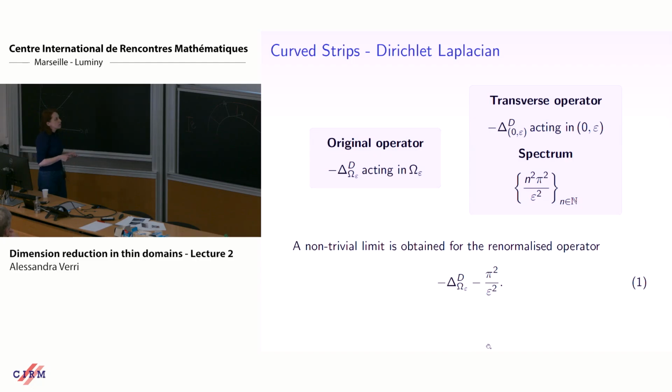We renormalize the operator, and from that we can find an effective operator. I will start with the Laplacian with Dirichlet boundary conditions, and in the same model, after we are going to consider Dirichlet-Neumann boundary conditions.